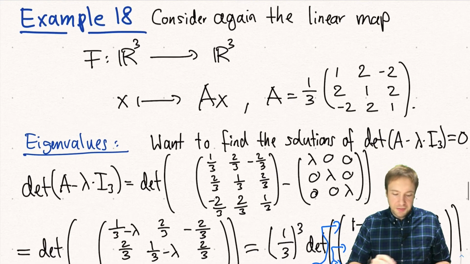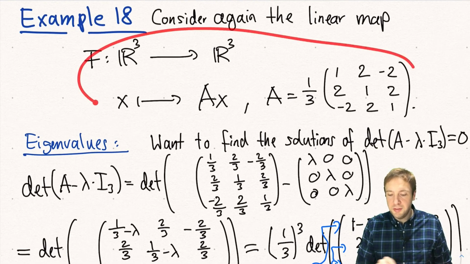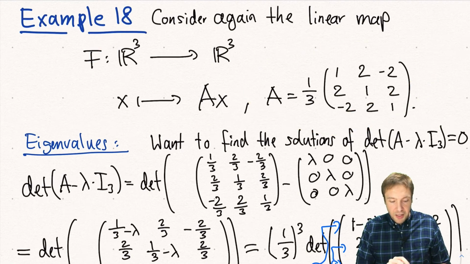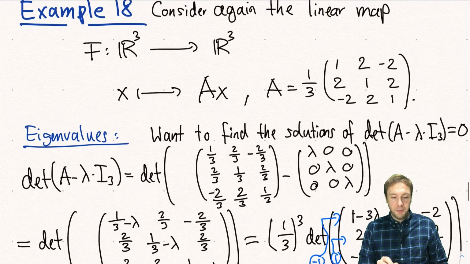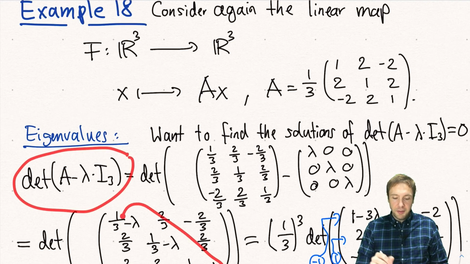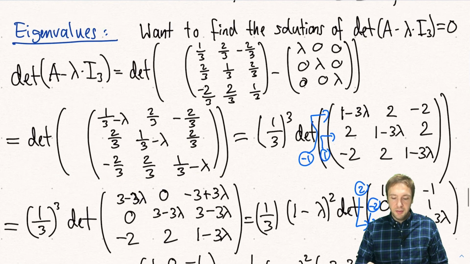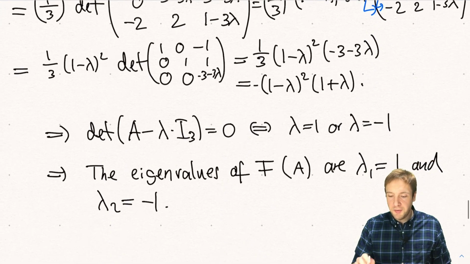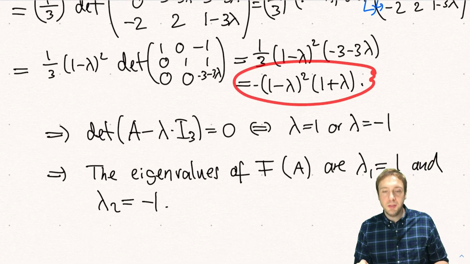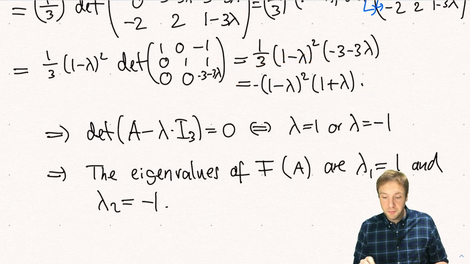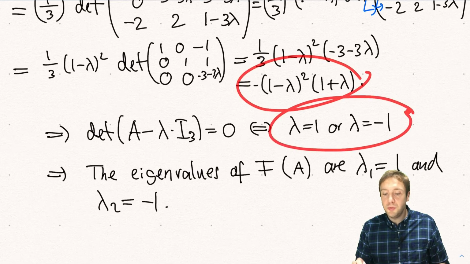Okay, so these are the eigenvectors for these eigenvalues. So again, let's recall, we started with the linear map F given by multiplication with this matrix here. And first we calculated the eigenvalues by subtracting lambdas on the diagonal of this matrix, and then calculated the determinant, which in the end gave us this polynomial. And then we needed to find the zeros of this polynomial, which in this case gave us two solutions.